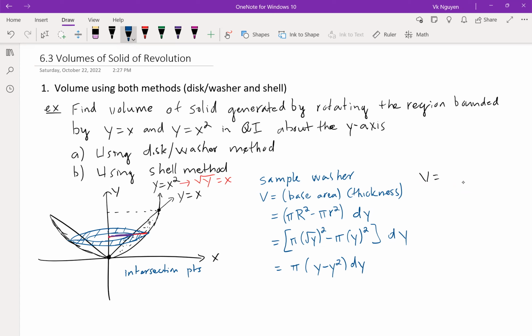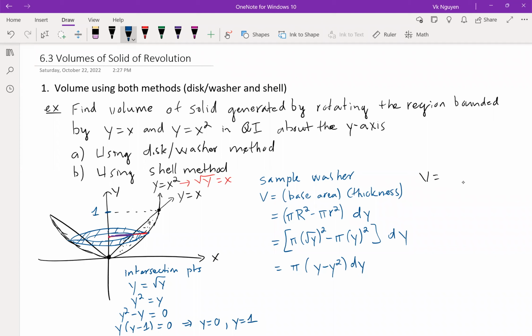So that is y equals root y. And so we see that y squared minus y equals 0. And then from there, you can factor y times y minus 1 equals 0. So we see that y equals 0 and y equals 1. Yay!